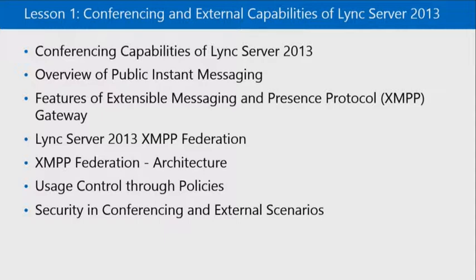Just a quick overview of what's enabled with PIC and public instant messaging. Talking about XMPP, how XMPP federation works, what we can control through the federation policies, and how we get security in those external scenarios.